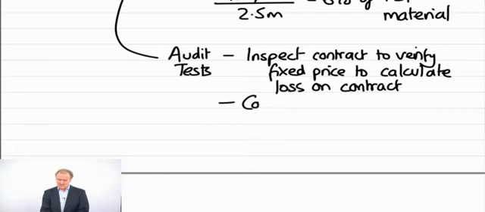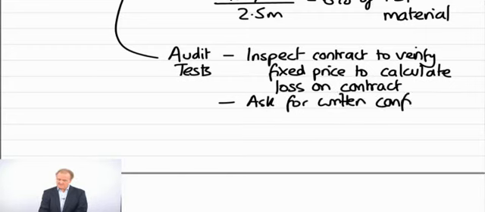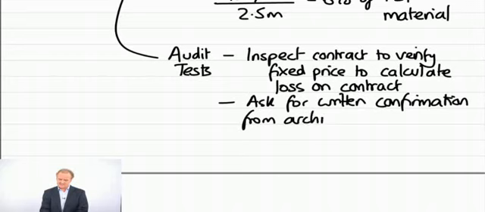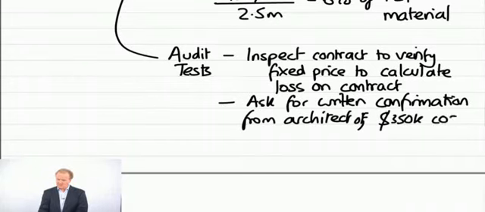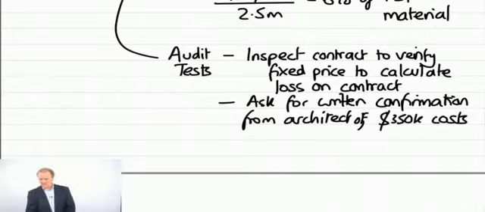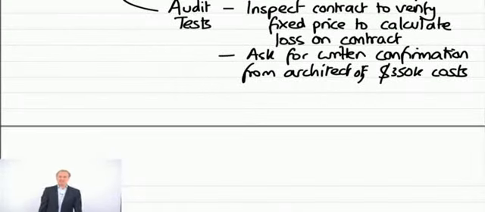So get confirmation, sorry, that's... So ask or inquire for written confirmation from the architect of the 350k of costs. Because of course they have not been spent yet.